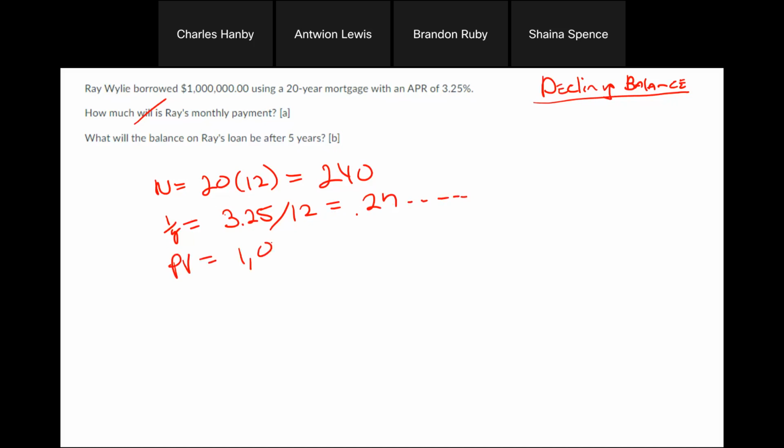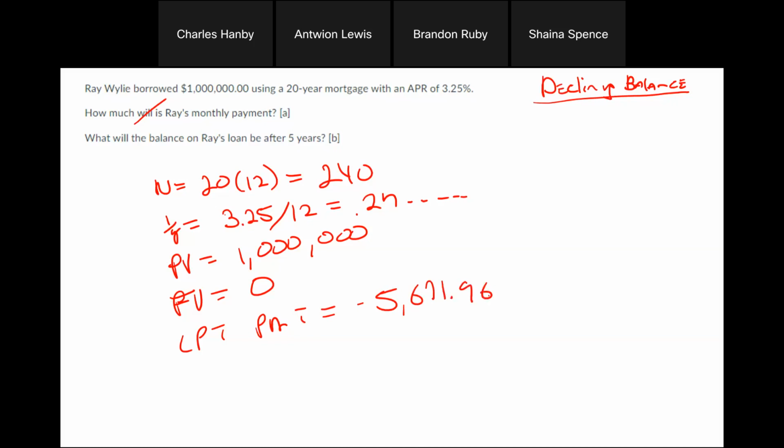PV is the loan amount, $1 million, and then future value is 0. So that's just telling it you're paying the loan off. Then compute payment. That's $5,671.96.